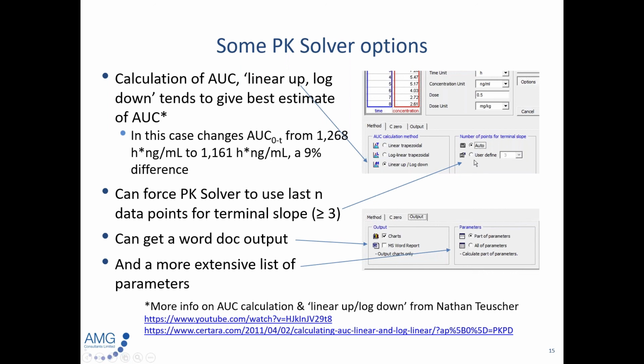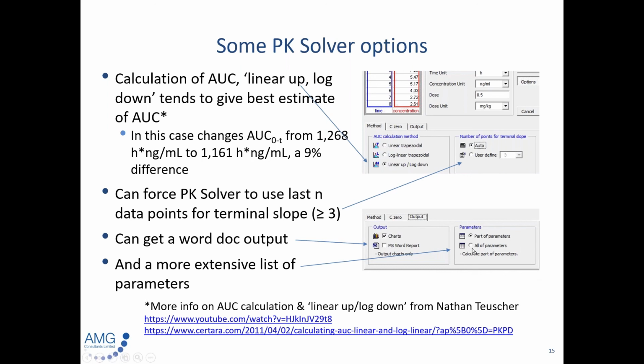You can also force the PK Solver to use a particular number of points to calculate the terminal slope, or let it decide based on the points that are presented. Another nice feature, if you click the output button here, you can generate a Word document if you want to.